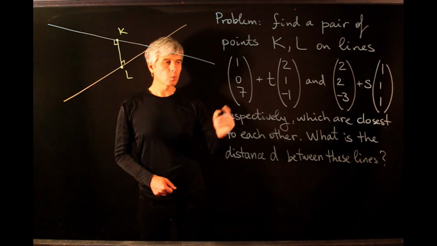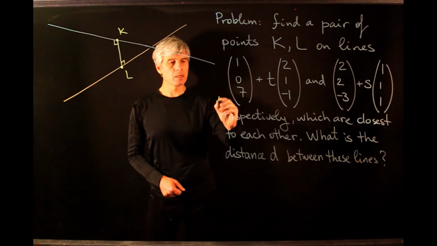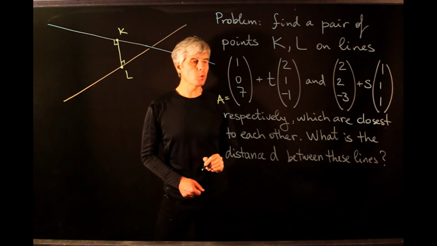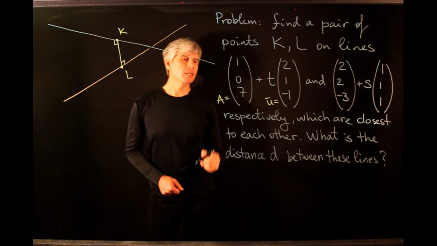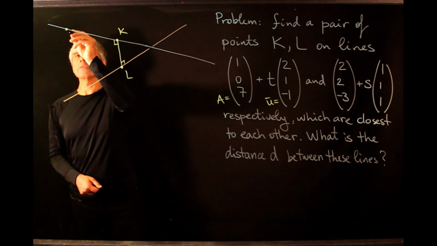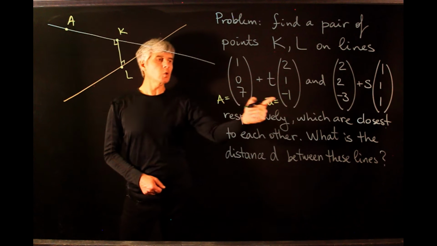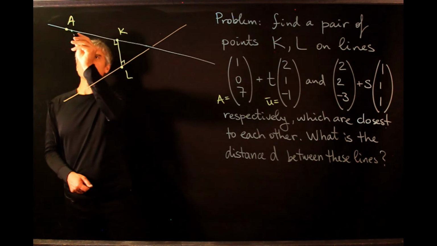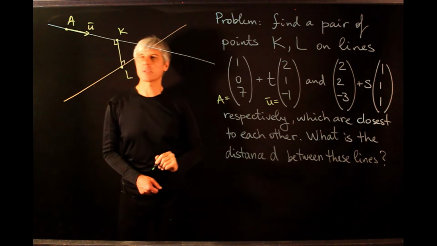Now, let us recall the geometric meaning of a parametric equation of a line. If we call this point A and this vector u, then A is some point on this line, and u is a directing vector of this line. So this means that u is going to be a vector along this line.